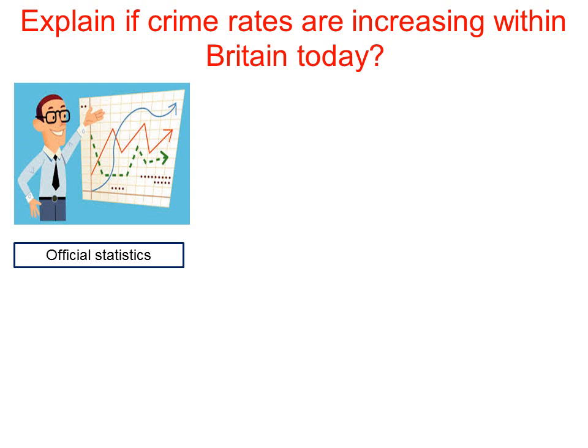Now, official statistics and crime. Police are expected to carry out the role of collecting official statistics on crime. The government need these to decide where to target police resources in the future. The government want to show the public they are doing a good job in reducing crime. The media report on this, affecting future voting.